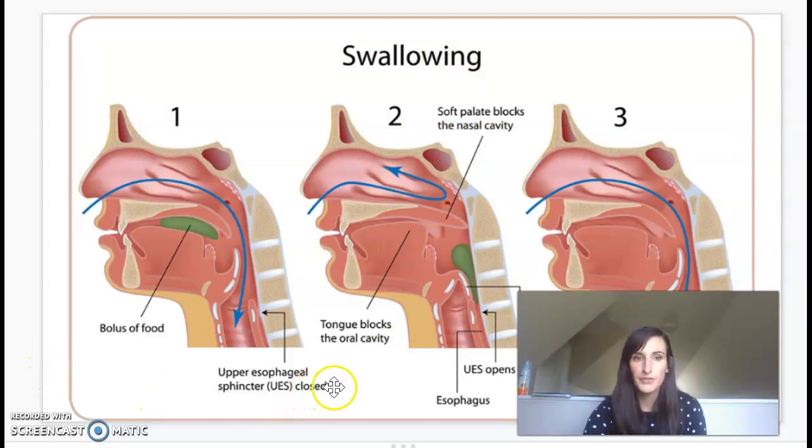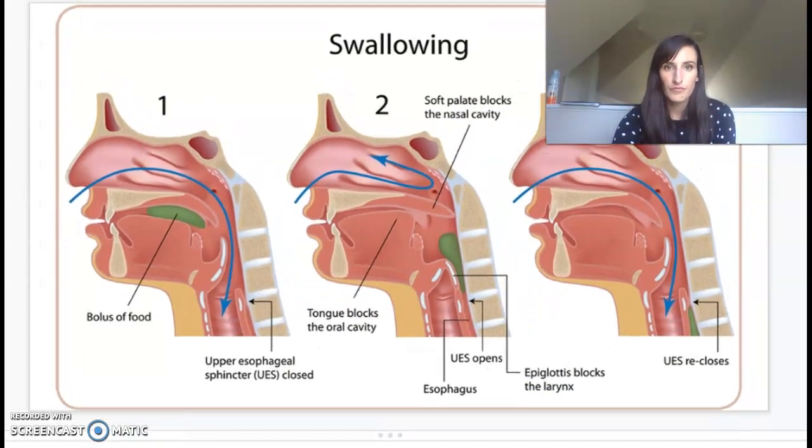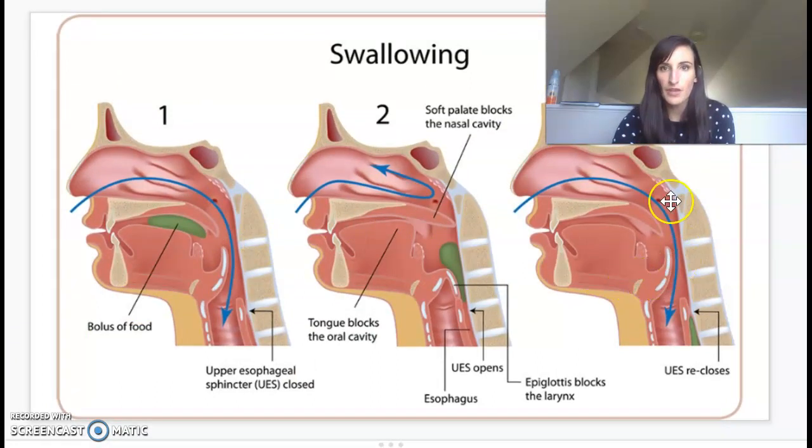Okay, so a review of the anatomy involved in swallowing. In the next slide, we'll talk about the four stages of the swallow.